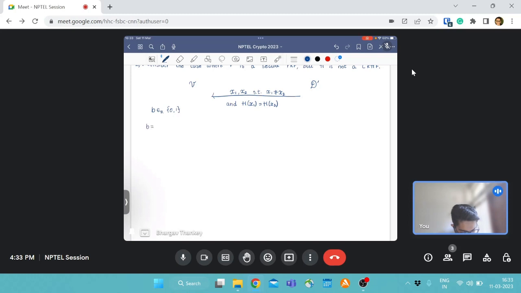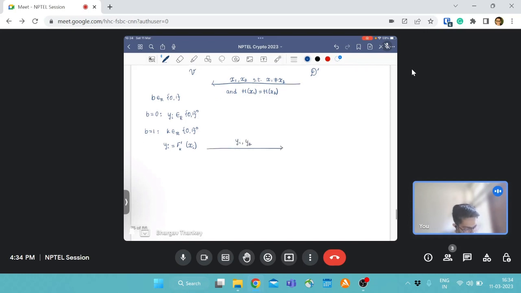If b is 0, yi is picked uniformly at random from {0,1}^n. If b is 1, it picks a key k uniformly at random from {0,1}^n and sets yi to be f prime k of xi, and sends y1 and y2 to the distinguisher.